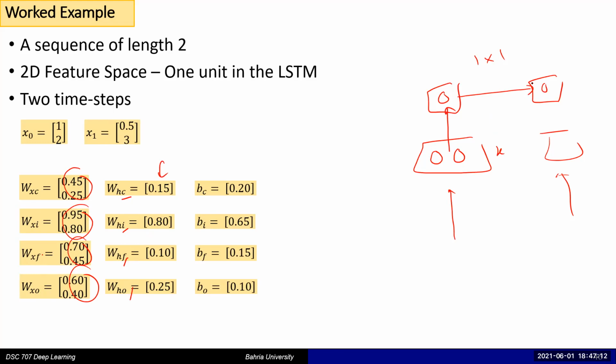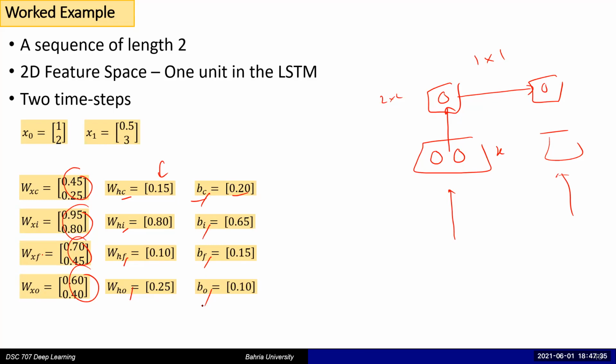If I had two neurons here, these would have been 2 cross 2 matrices. Finally, since I have a single neuron in the hidden layer, every bias is a single value: bias for candidate, I for input, F for forget, and O for output. And why such small numbers? Because we are solving it by hand.